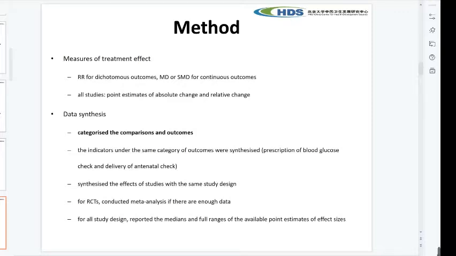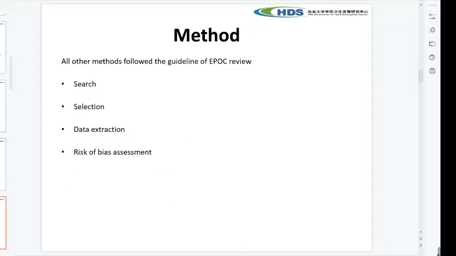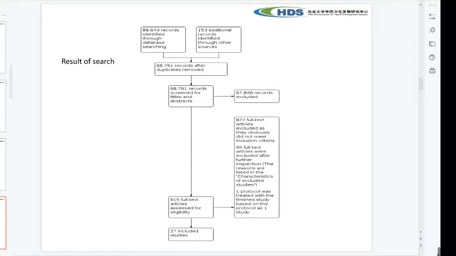So we spent a lot of time discussing how to categorize all the studies with varied designs into several categories. All other parts of the method follow the Cochrane guideline.